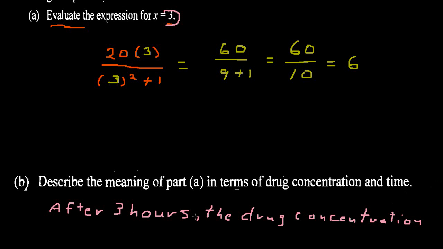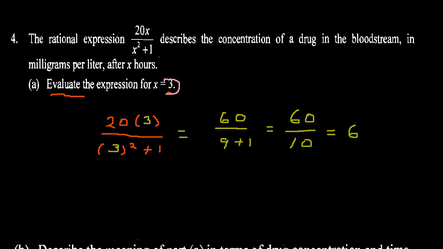The drug concentration, well, let's see, after 3 hours, will be, I'm going to use will be, the drug concentration will be, and then I go back here and will be what? Well, this is what describes the drug concentration, the rational expression.